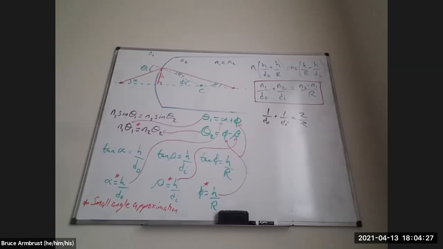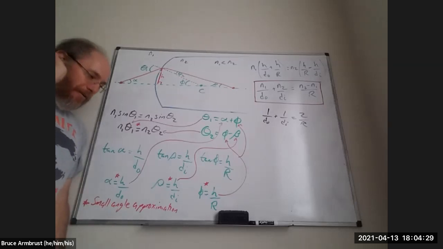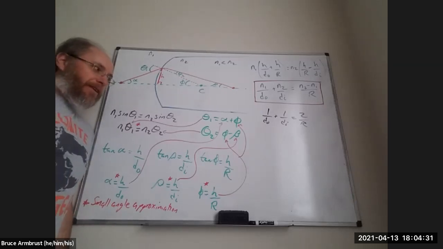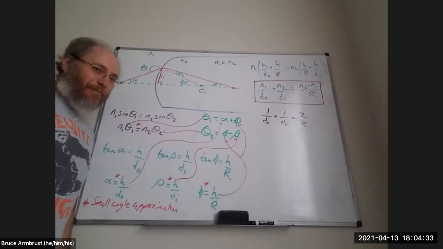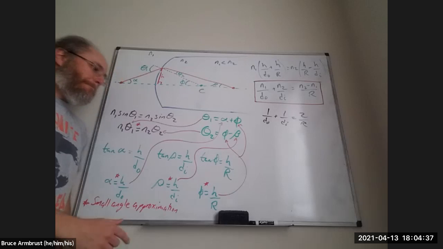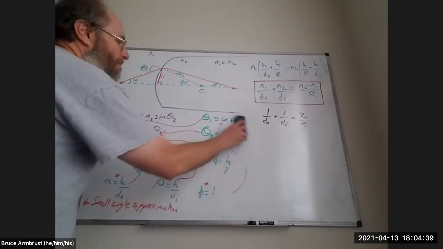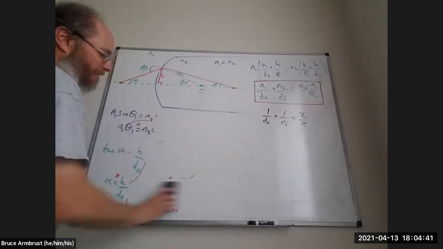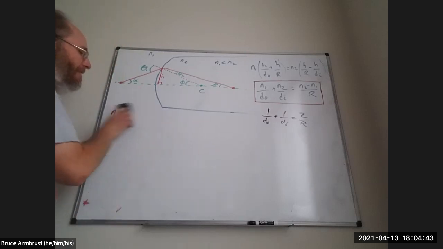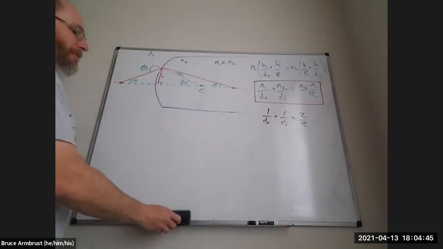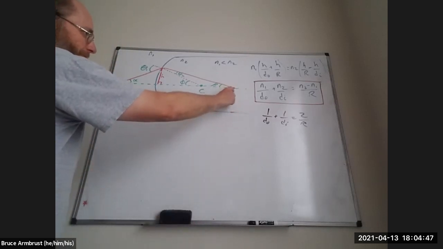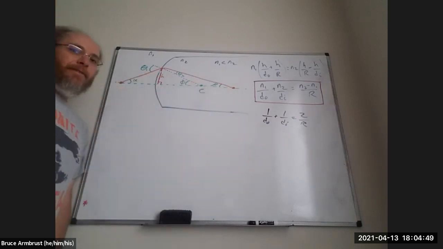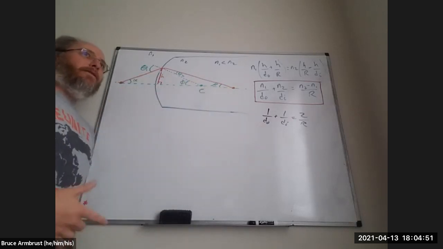Okay, but I do need to talk about sign conventions here, because unfortunately, this is different than the mirror. Okay, so first of all, take a look at this image. This guy over there. Is that real or virtual?